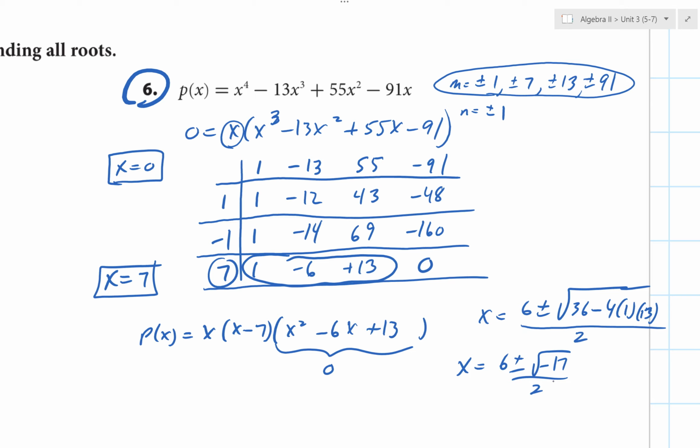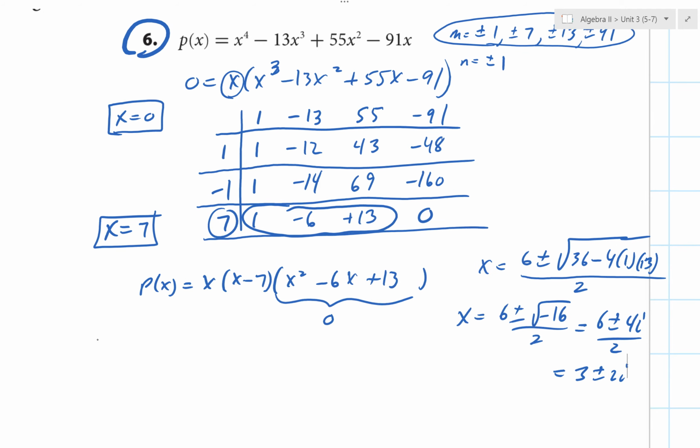Oh yes, it is negative 16. And so then that is 6 plus and minus 4i over 2, which is 3 plus and minus 2i. And so now we see that we have x equals 3 plus 2i, and x equals 3 minus 2i.